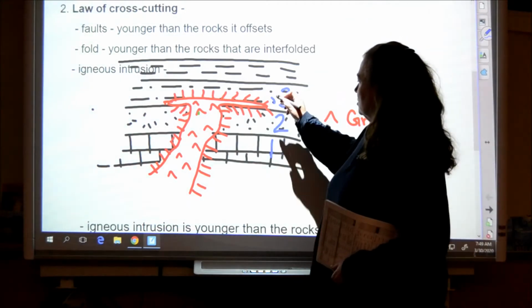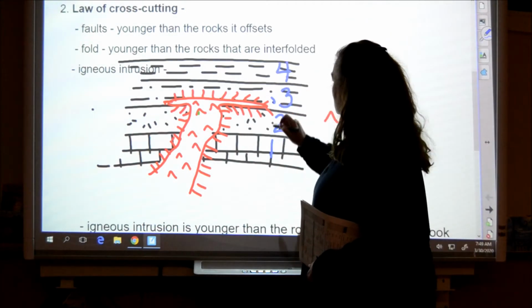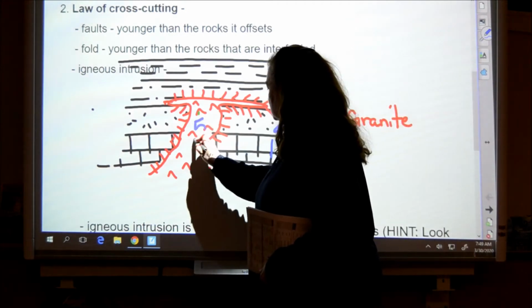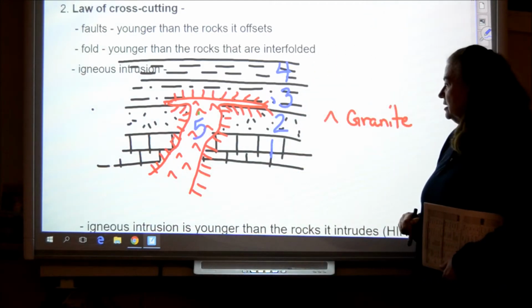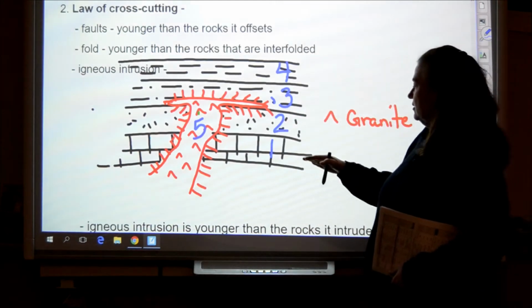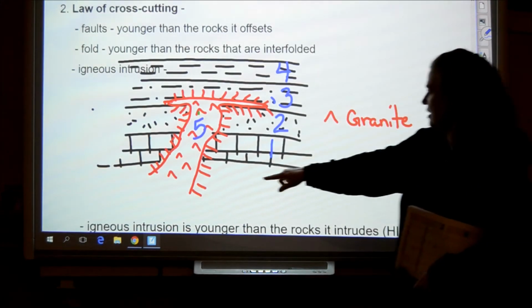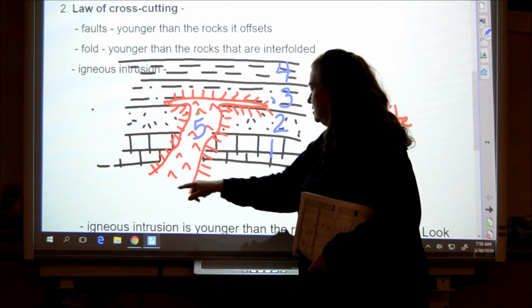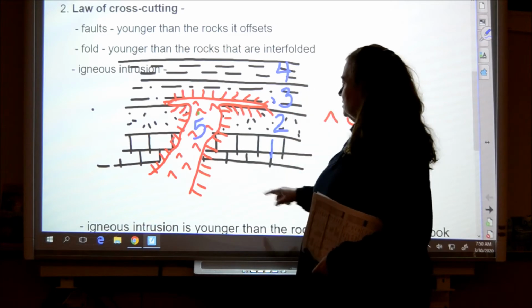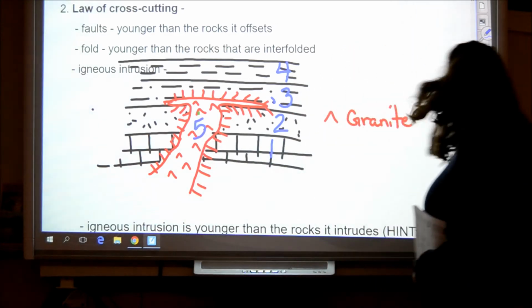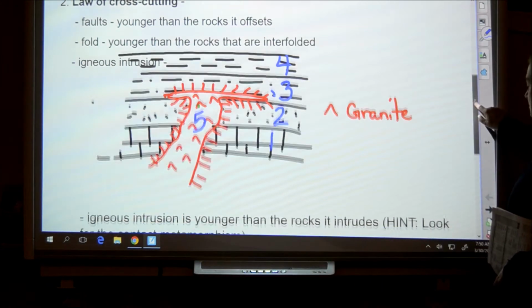Okay, my next thing I'm going to go as shale. Then I'm going to say my igneous intrusion was next. All right, that's going to help me figure out age-wise. Remember, if I have contact metamorphism on it, those rocks had to be there before your intrusion. So that's your law of cross-cutting.